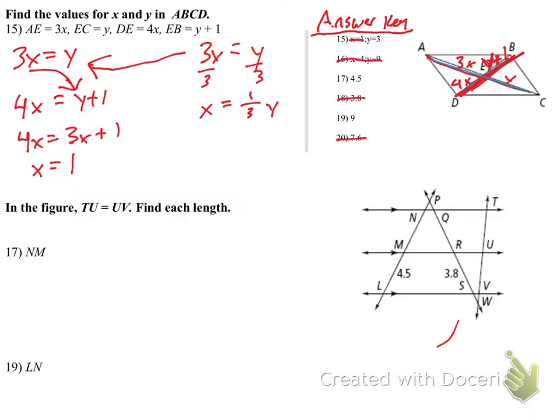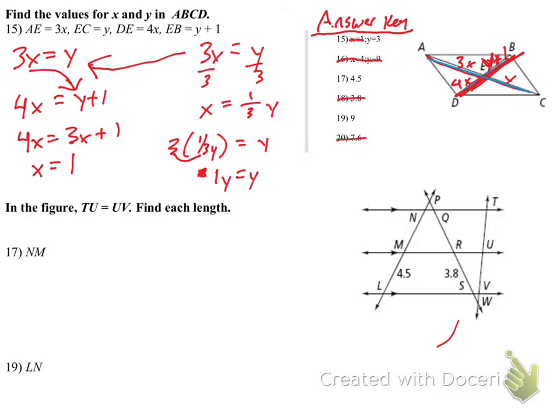So then when I have this equation for this line right here, the blue line from A to C, it's 3 times 1/3 y is equal to y, I get 3 times 1/3 is 1y equal to y, which does not make sense.